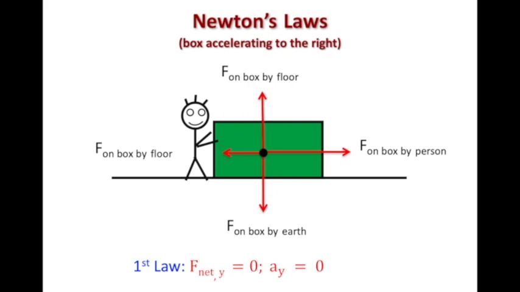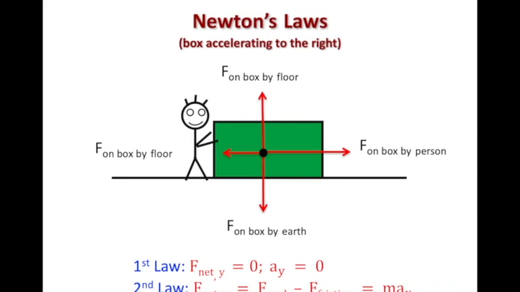Now we can use our second law to deal with the x direction, because now our net force is not equal to 0, but the second law is just telling us that F net equals ma. So in the x direction, F net is going to be the push force, F push. Maybe this should be F on box by person, but there's less space, so F push. And then in the opposite direction, so minus, we have the force of friction, right? Those are the two opposing forces, so this is our F net, and we know that's equal to ma.